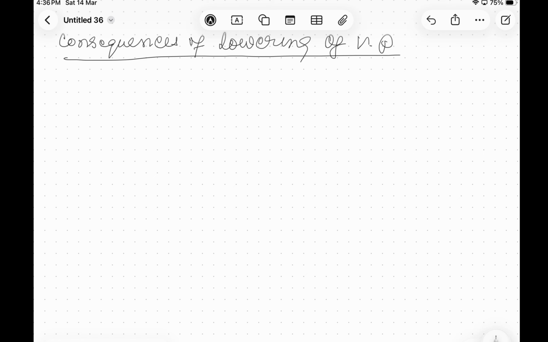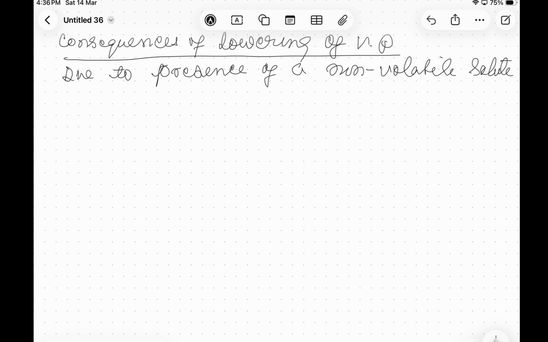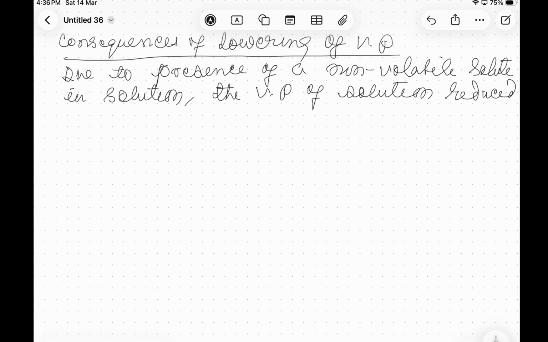Due to presence of a non-volatile solute in solution, the vapor pressure of solution is reduced in comparison to vapor pressure of pure solvent or pure liquid.